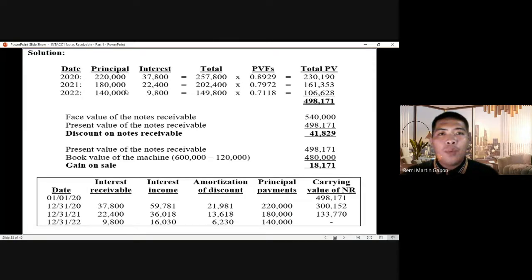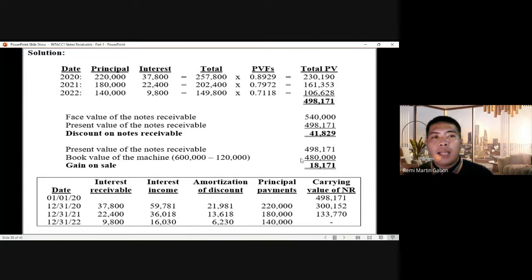Then multiply with the respective PVFs, or present value factors. Total present value is 498,171. Versus the 540,000 face value, the discount is 41,829. The difference between the present value of the notes and the book value of the machine is the gain on sale of 18,171.